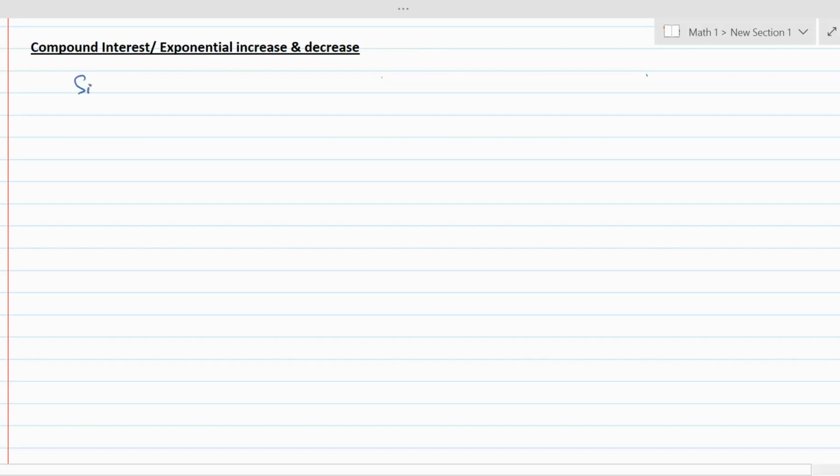So first we are looking at the difference between simple interest and compound interest.